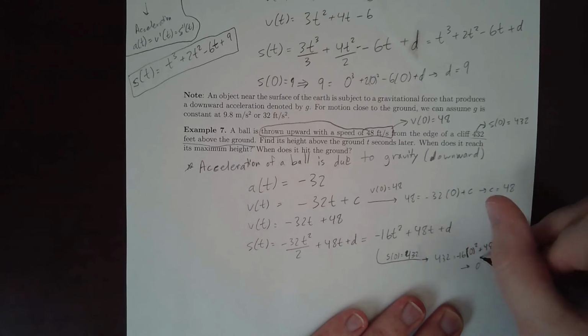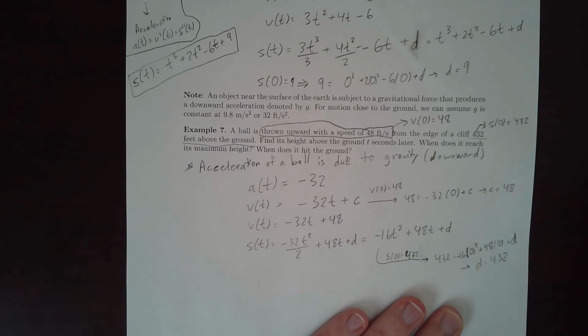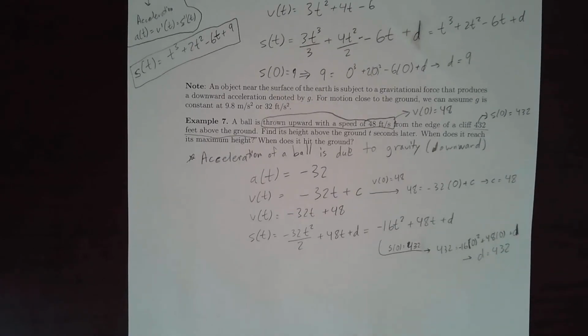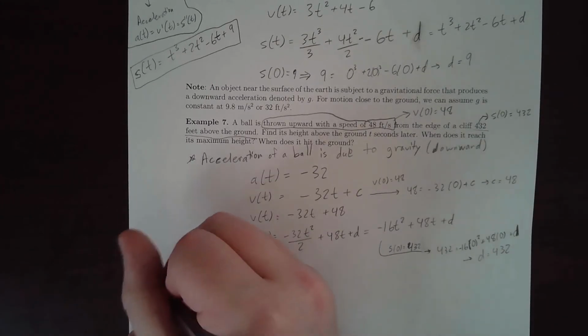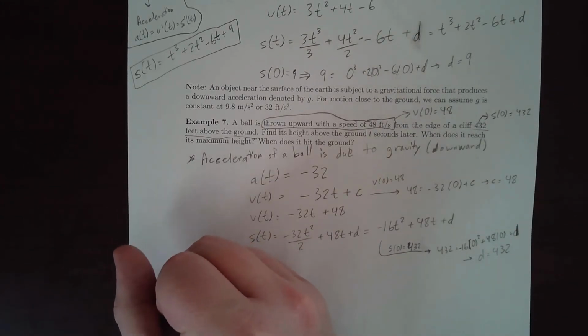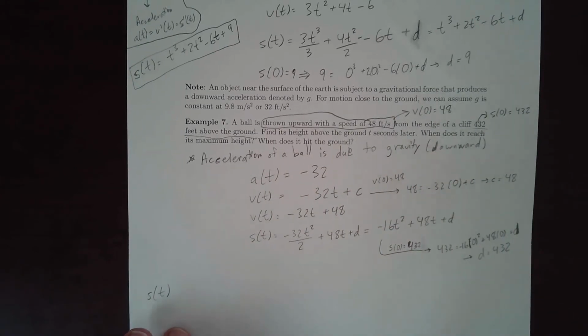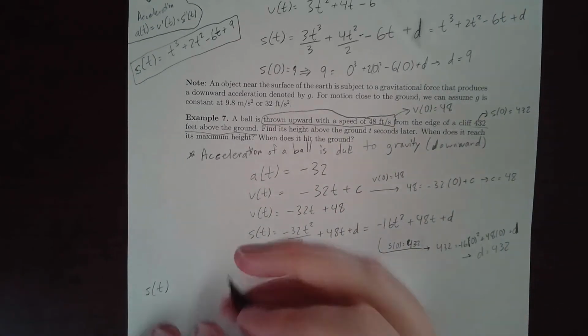So that tells us then that d equals 432 for that initial position.